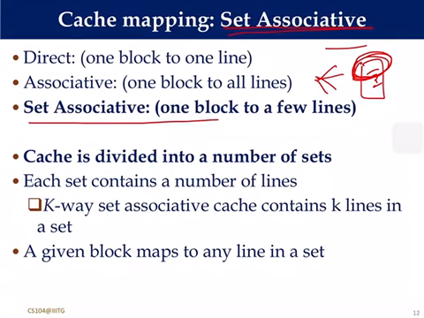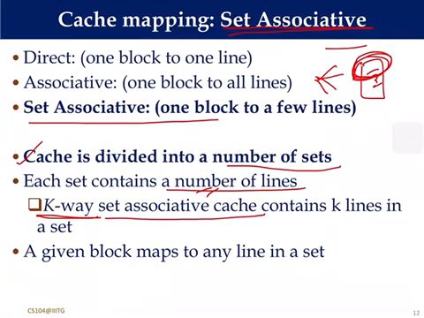So the cache will be divided into a number of sets, and each set will contain a number of lines, a number of blocks, and that number is called K.